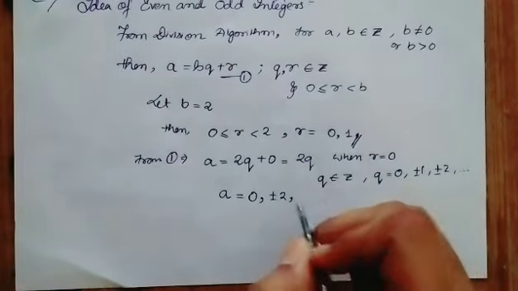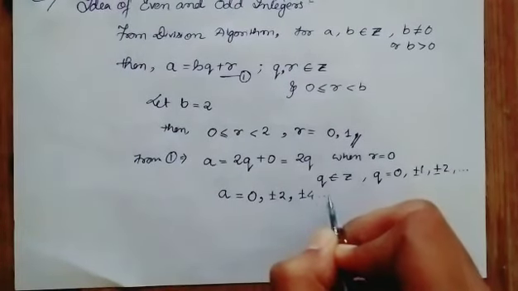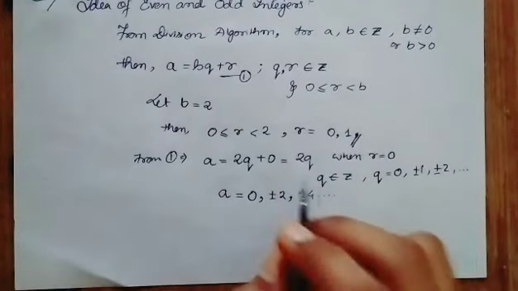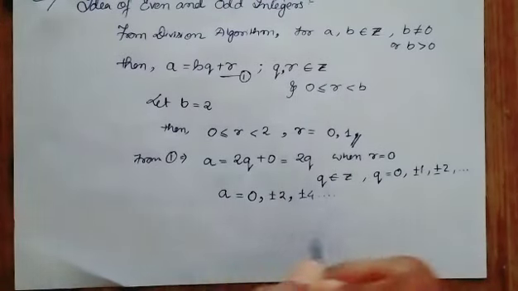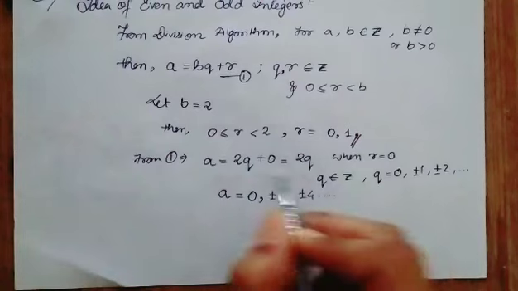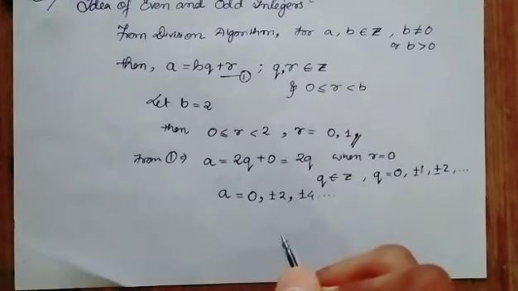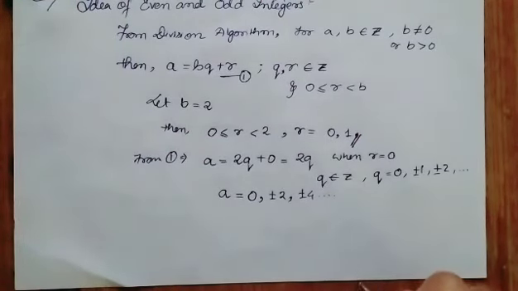If you substitute 2, you will get plus or minus 4, and so on. If you notice these values of a, these are nothing but even numbers.